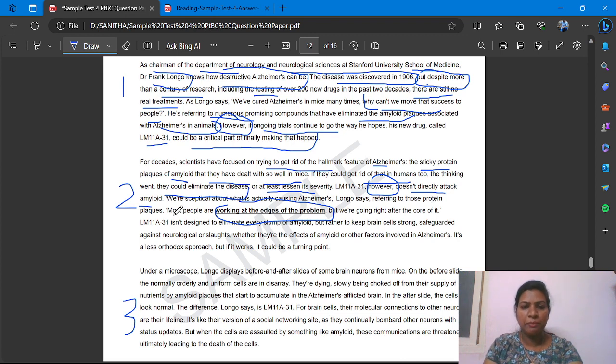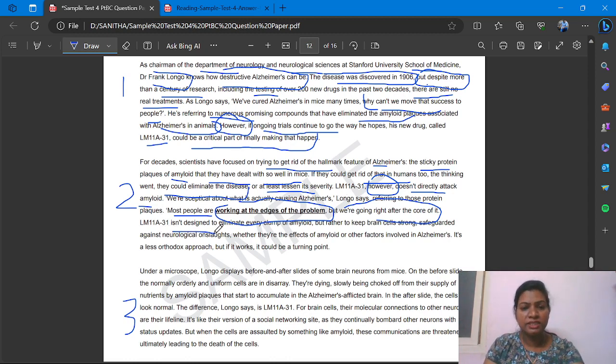Most people are, see, working at the edges of the problem. That means most people are working at the periphery of the problem. But we are going right after the core of it. We are going right after the core of the problem.